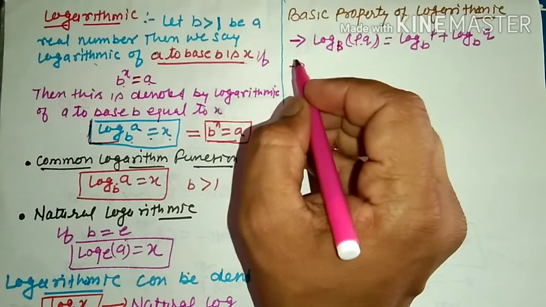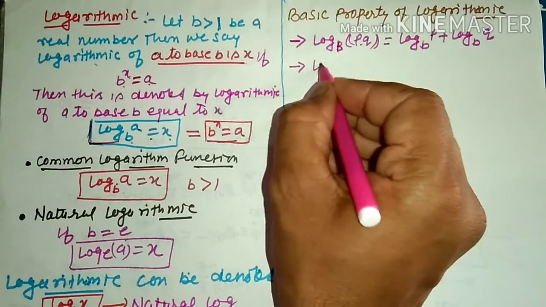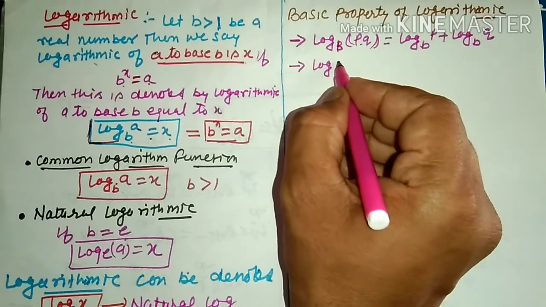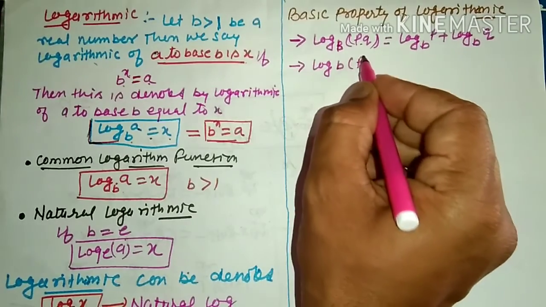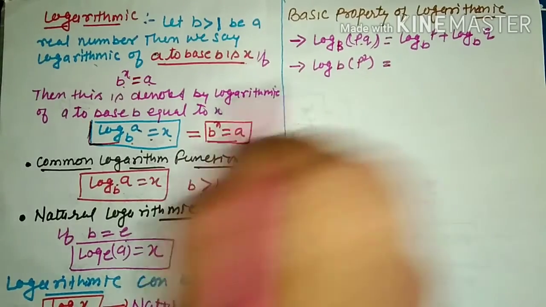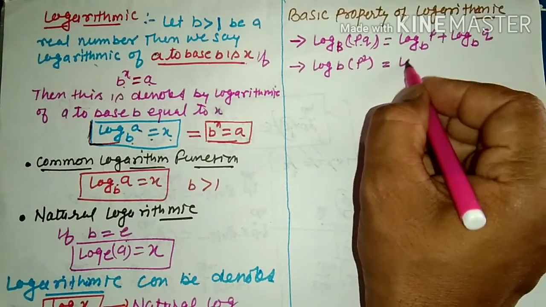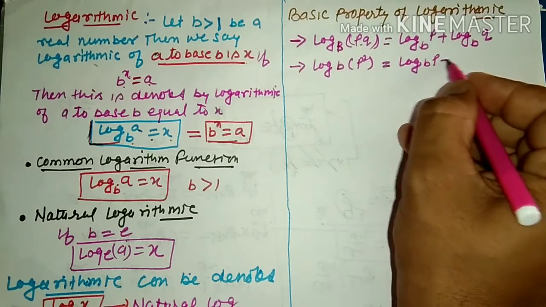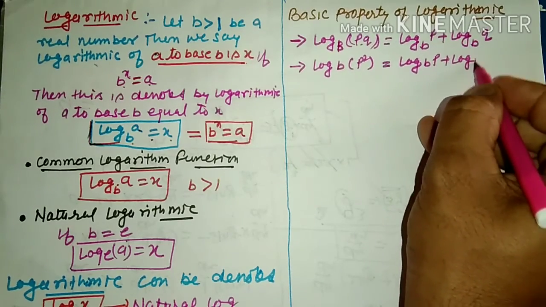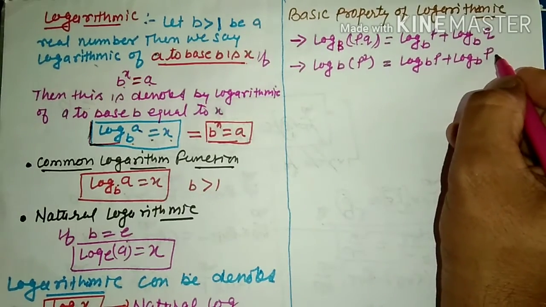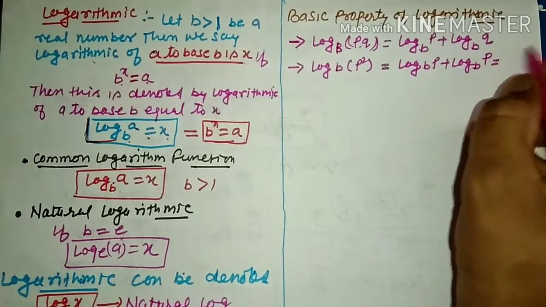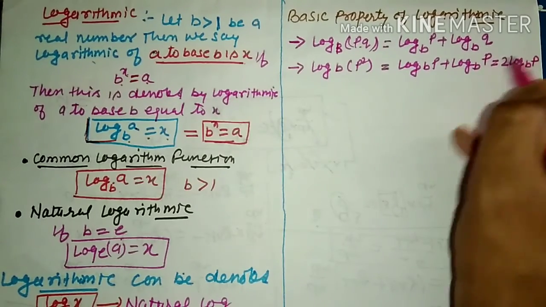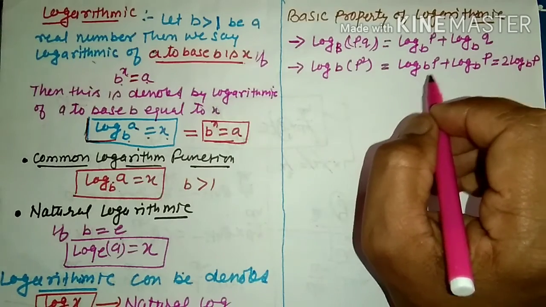Second, log base b of p square can be written as log base b of p plus log base b of p, or further as 2 log base b of p. Clear?